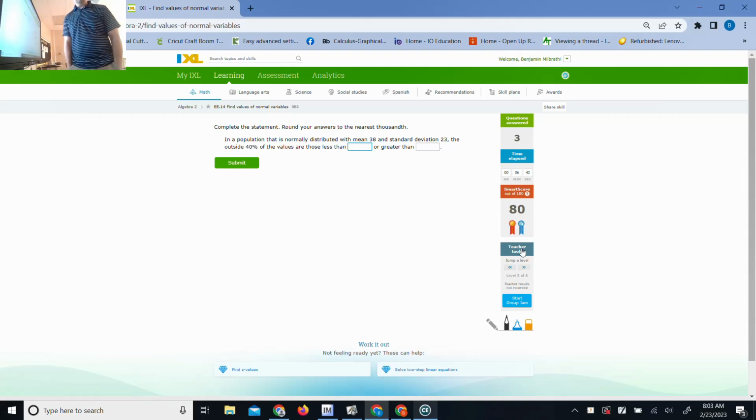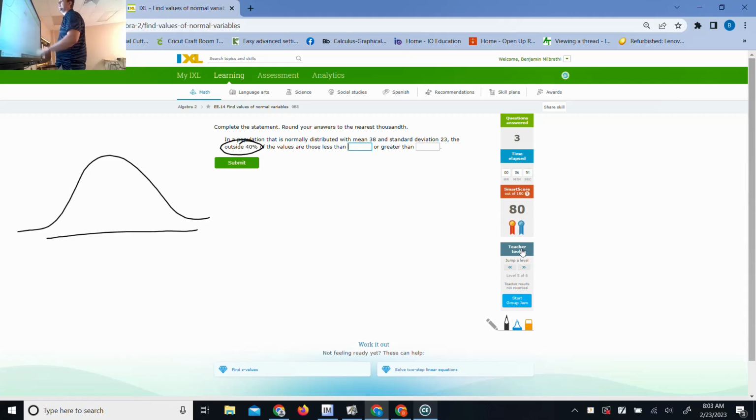Outside 40%. That's interesting. I'm talking about the outside 40%. I have 20% here. And I have 20% here. You can do this in two separate operations if you want. You can do inverse norm with a left tail.